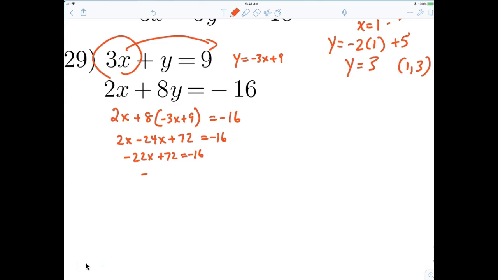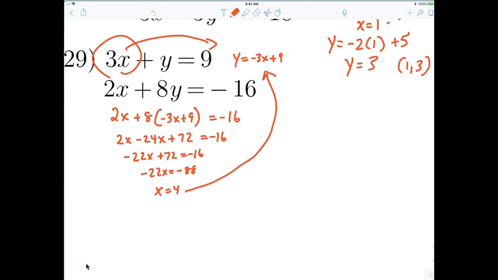Negative 22x is equal to, so x is 4. Does everybody agree? 4. And then coming up here, y equals negative 3 times 4 plus 9. Y equals negative 3. So we're good? So now I have 4 comma negative 3.